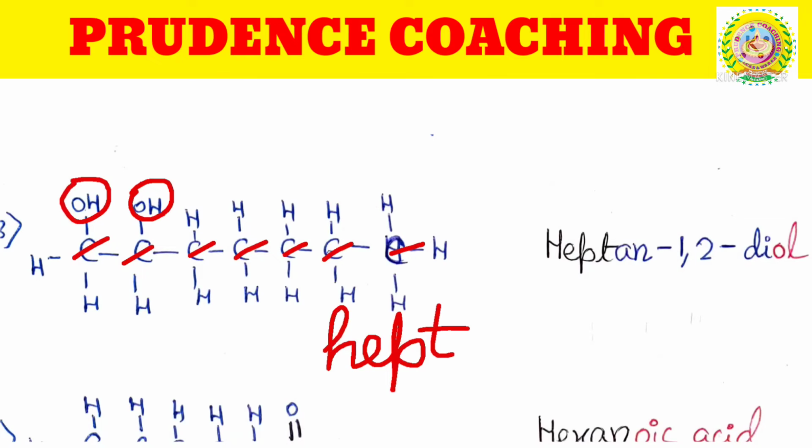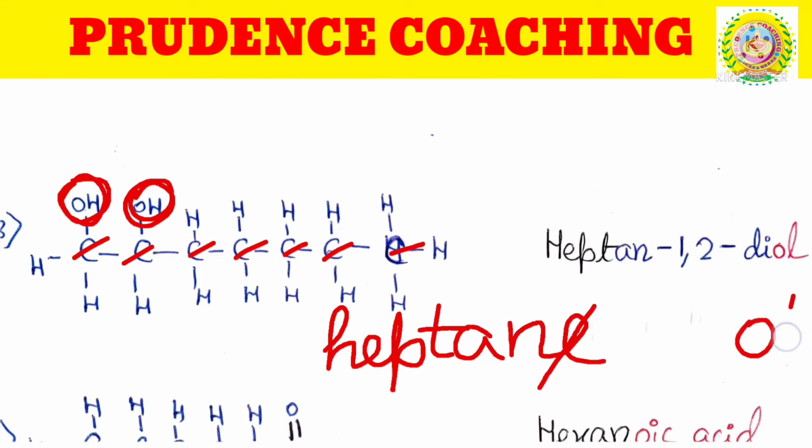So here, as you can see, in between carbons we have a single covalent bond, so you will get ANE, heptane. But according to the rule of alcohol, we need to remove this E and add OL. But here we have 2 OH.